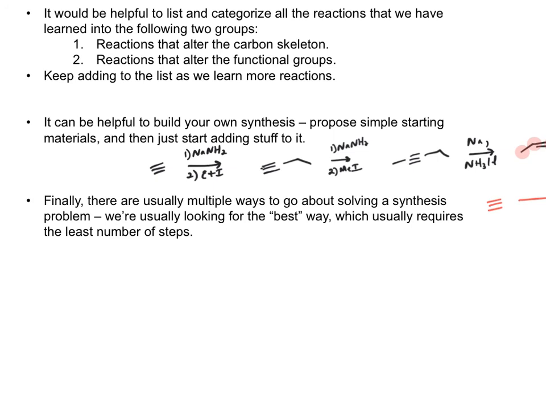So let's say there was some starting material and you figured out a pathway to get to the product and it took 10 steps. That is a valid synthesis, but that's probably not necessarily the correct answer. If you could also come up with a way to get there in 3 steps, then the 3-step pathway is the best pathway to go for.